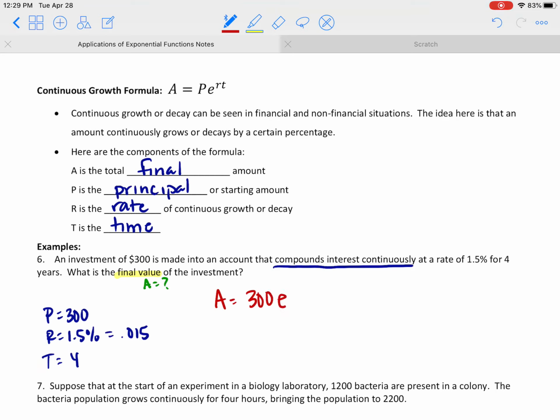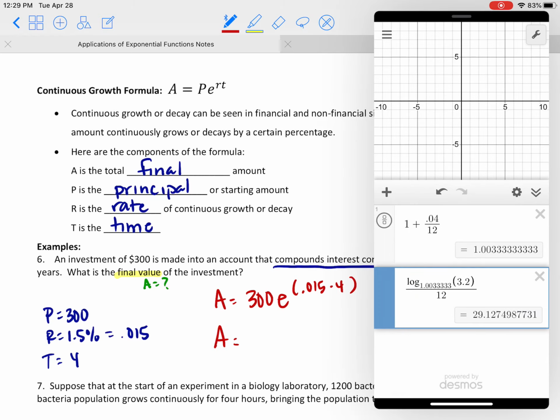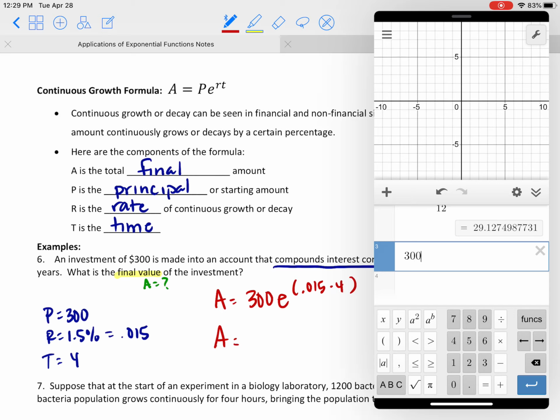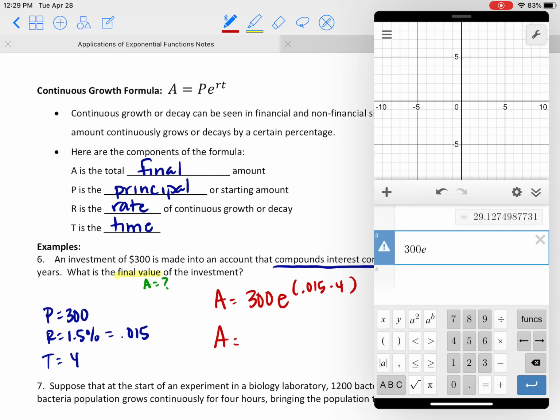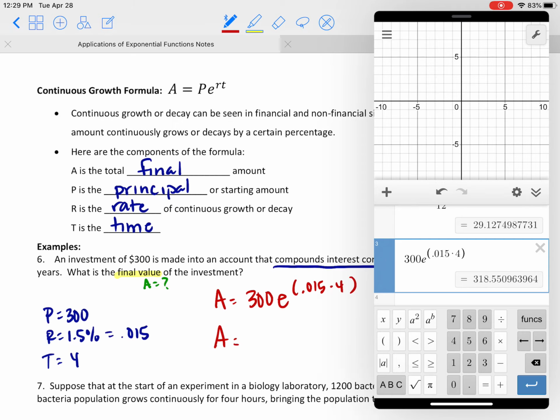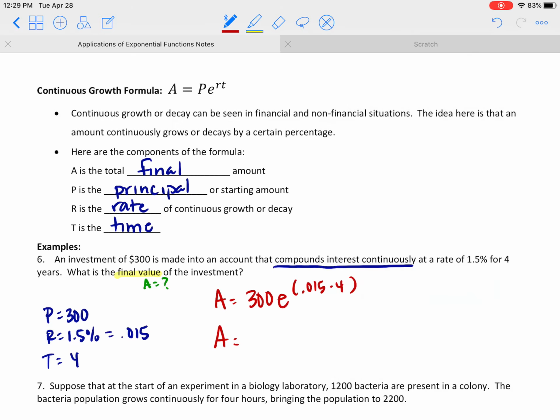So we know that the principal is 300. We know that the rate is 1.5%, which is 0.015 as a decimal. And we know that the time for this investment is 4 years. So A is going to equal 300 times e to the 0.015 times 4 power.